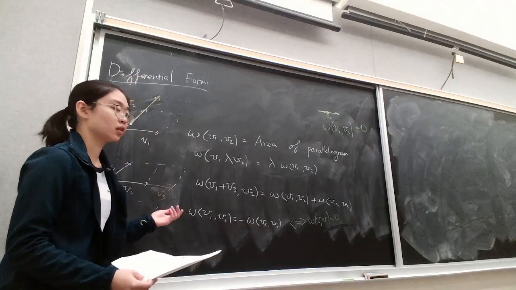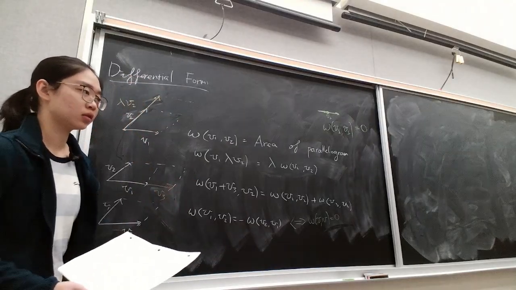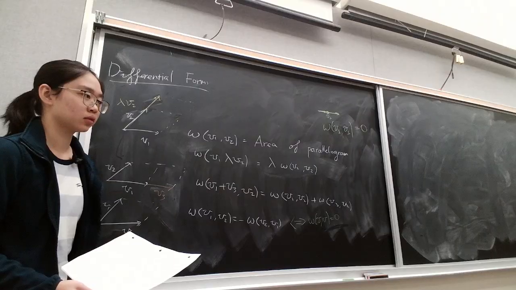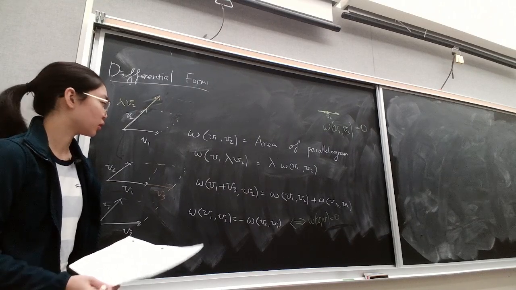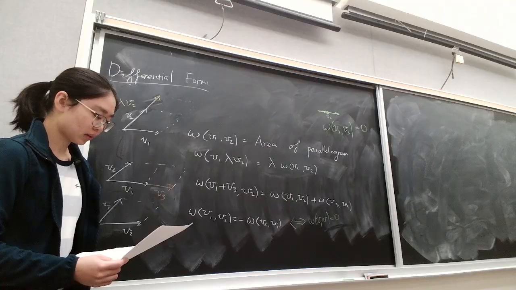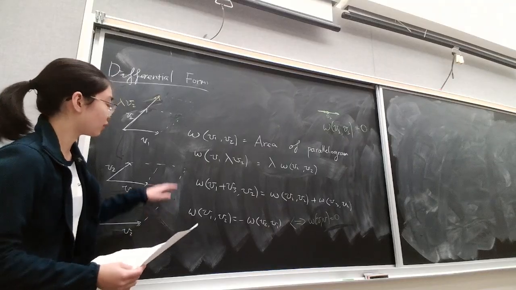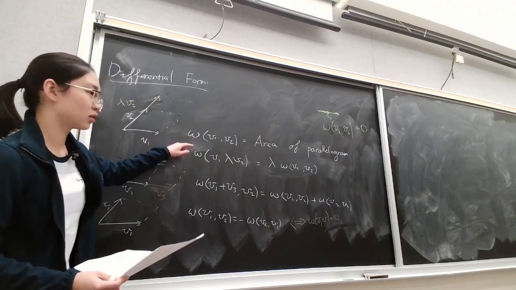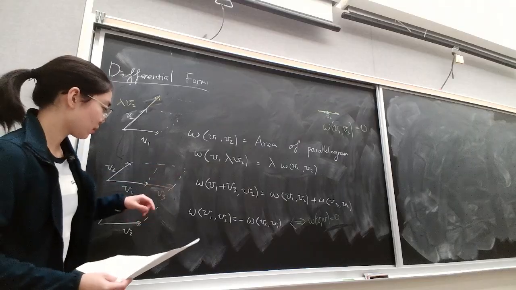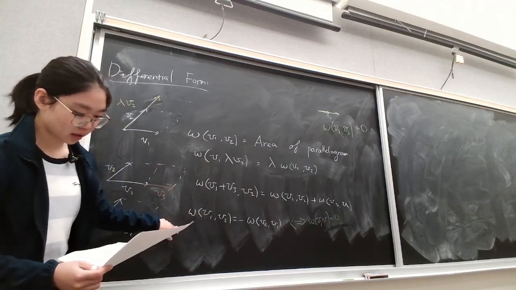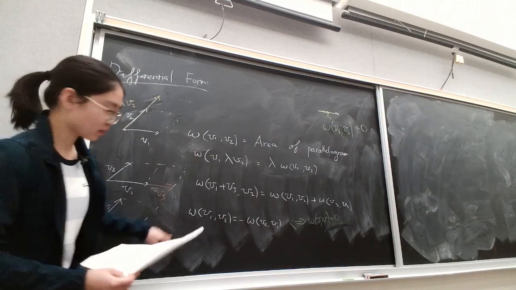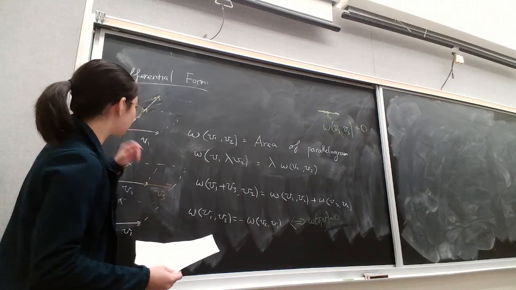So orientation of volume is something that comes completely naturally from just the notion of volume. So we have a function that's linear in each entry, and that's also alternating, which is this condition.